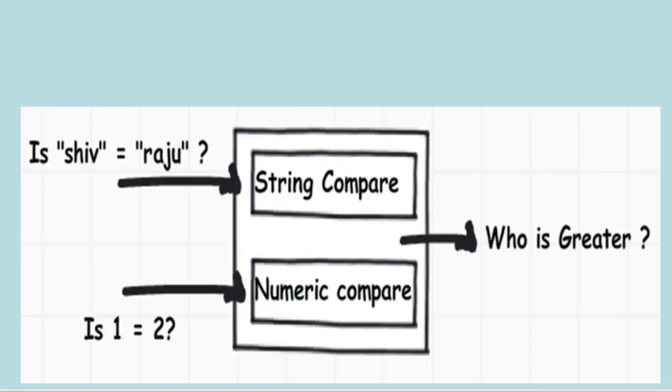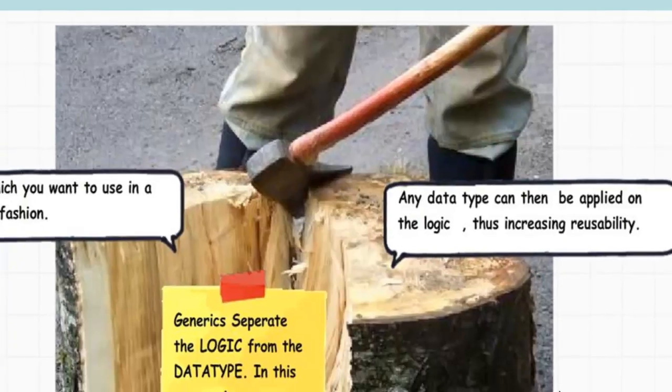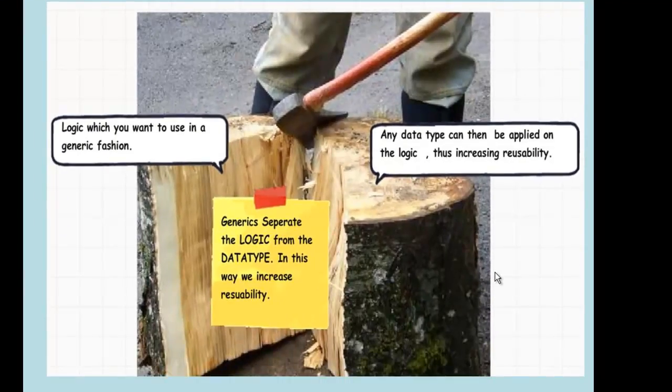And this is exactly what generics do. It separates the logic from the data type. So your logic and your data type can be separated by using generics, so that you can have better reusability, better maintenance, etc.